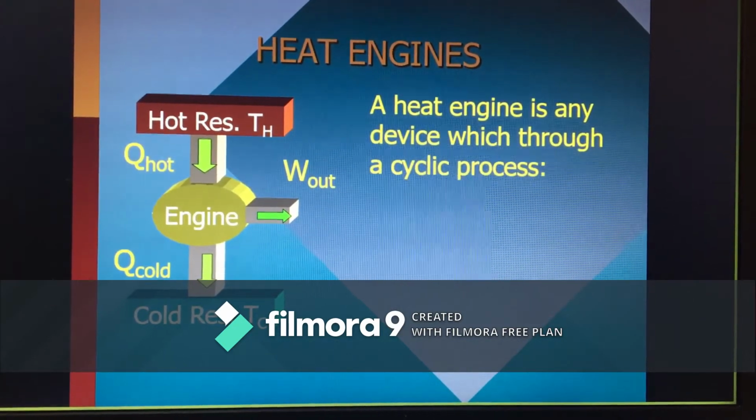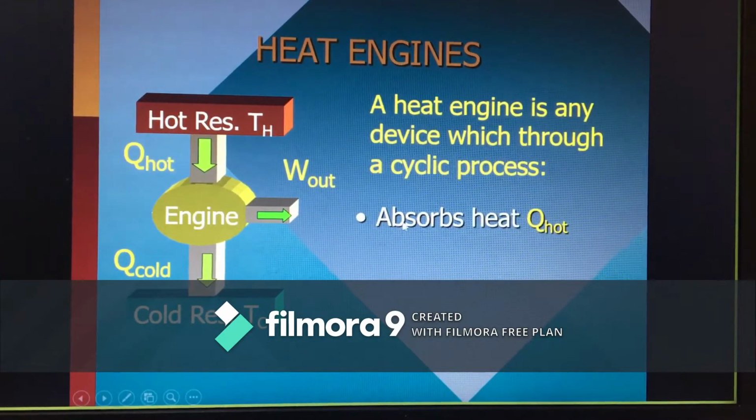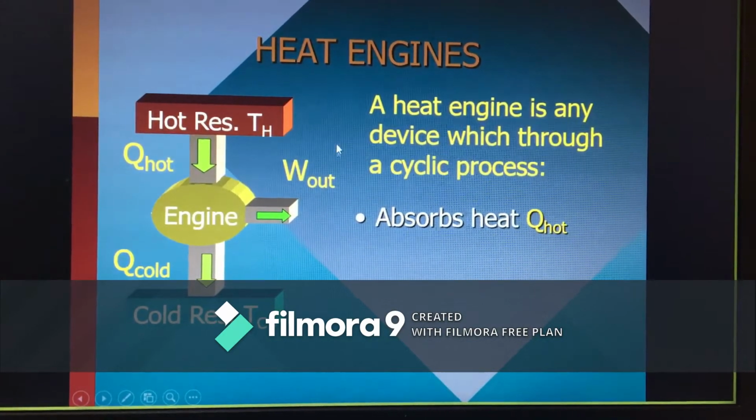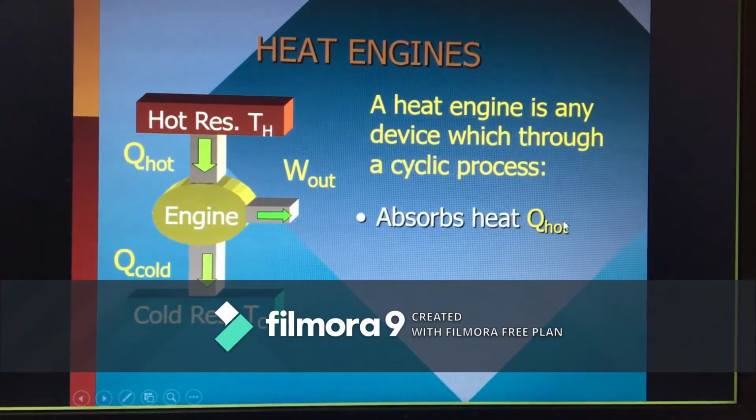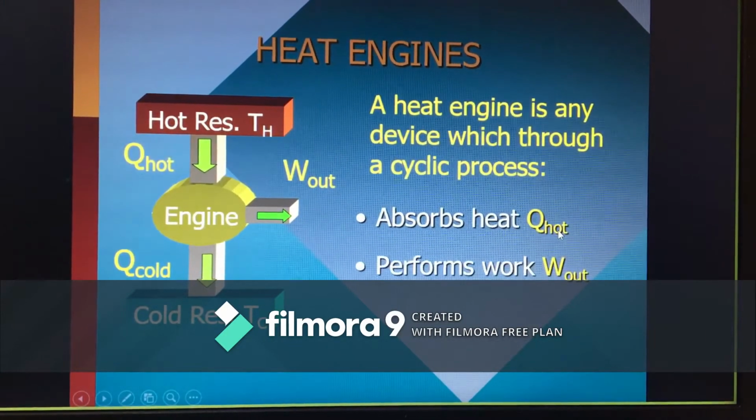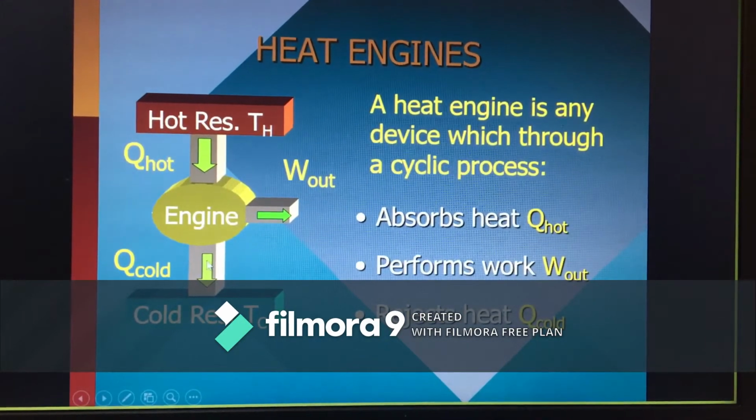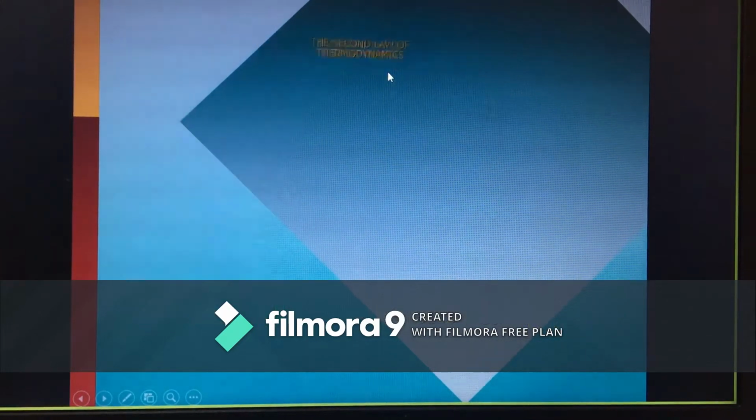This engine absorbs heat, Q hot, and performs work, or work out. That is the job of heat engines. It performs work and rejects heat, and what it rejects is Q cold. So this is the overall diagram of an ideal heat engine.